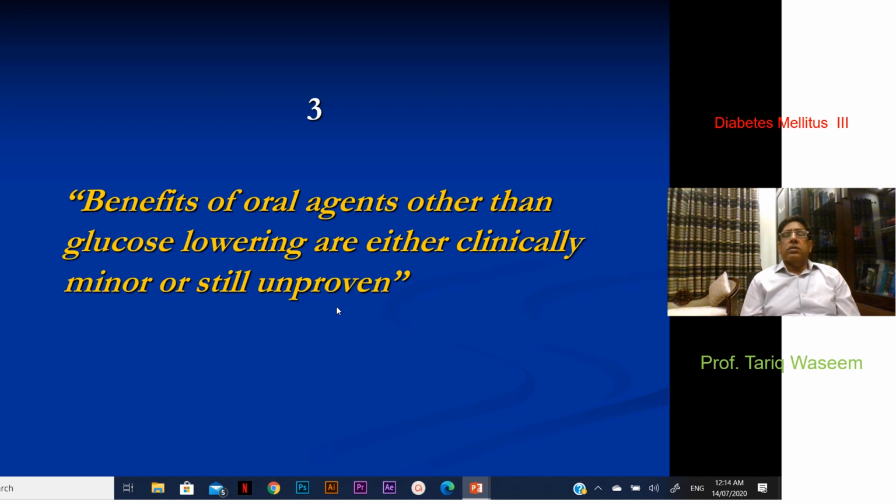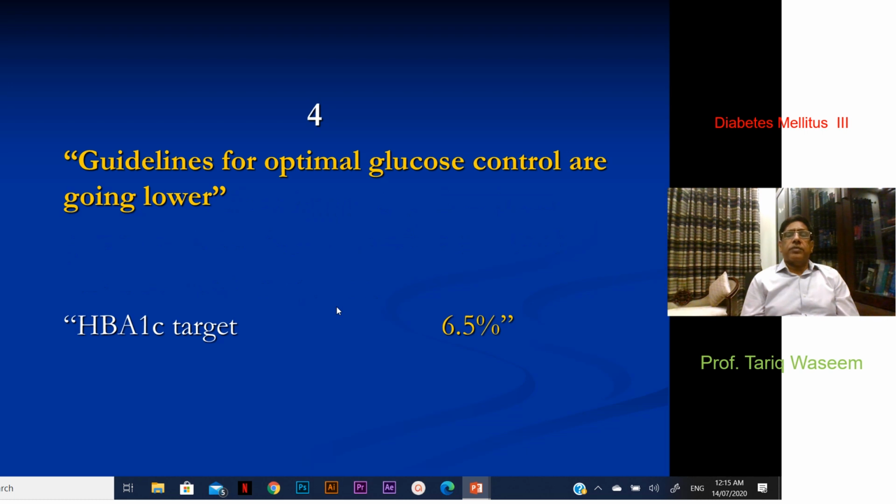So any treatment aimed at hyperglycemia should not look only at hyperglycemia. We have to look at whatever agent we are using and its effect on the overall cardiovascular risk. By that criterion, oral agents are good at reducing the blood glucose level, but they are not as good for the other cardiovascular benefits which are offered by insulin.